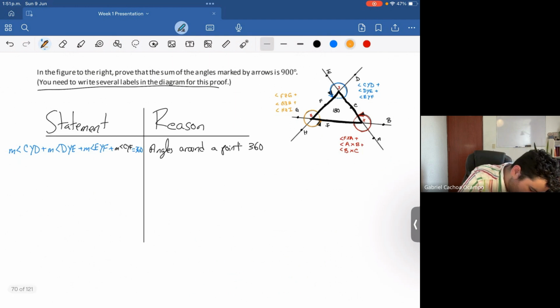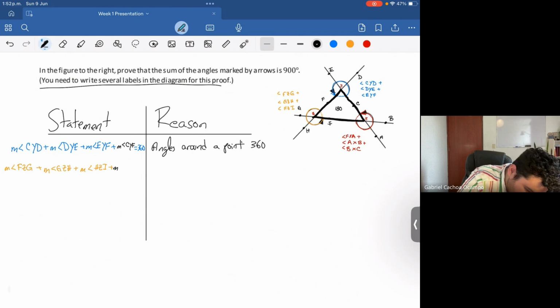Okay, then the measurement of angle FCG plus the measurement of angle GCH plus the measurement of angle HCI plus the measurement of angle FCI equals 360. Again, because angles around the point are 360.